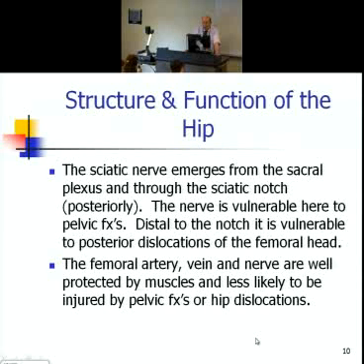The femoral artery, vein, and nerve are also well protected by muscles, so they are less likely to be injured by a pelvic fracture or a hip dislocation. Nowadays, you're hearing a lot about the less invasive approach to hip replacement surgery. The classic approach has always been posteriorly. The reason that the posterior approach was favored was because there were less vital structures between the surgeon or the skin and the hip joint when you go in posteriorly.